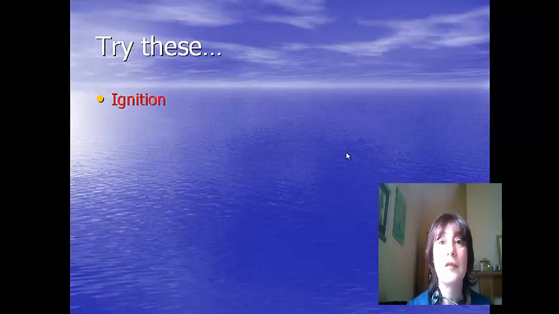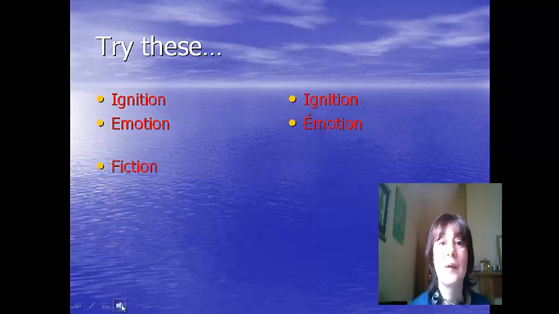Ignition in French would be, yes, ignition. Emotion in French will be émotion. Fiction in French will be fiction. Realization in French will be réalisation.